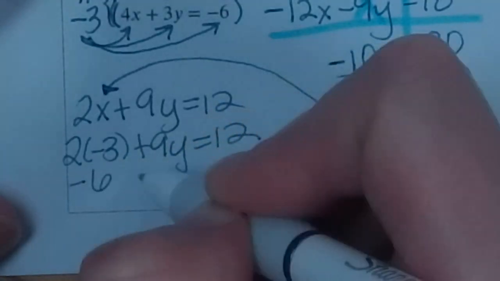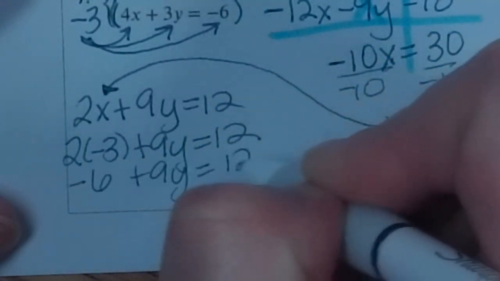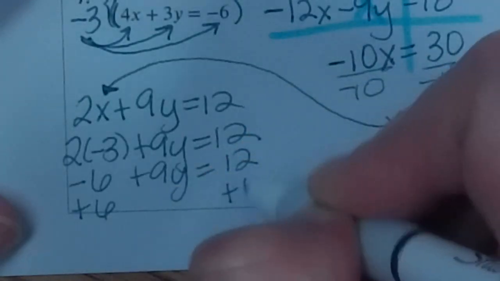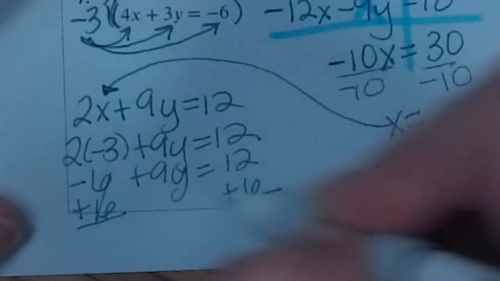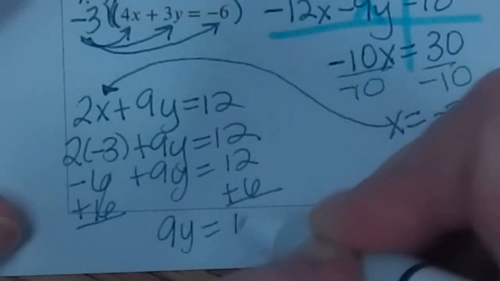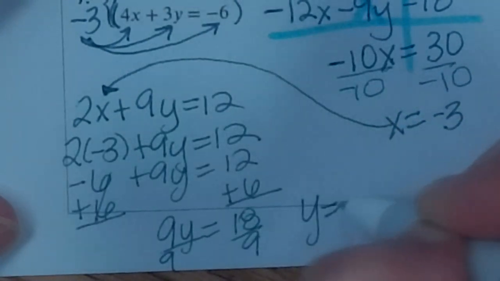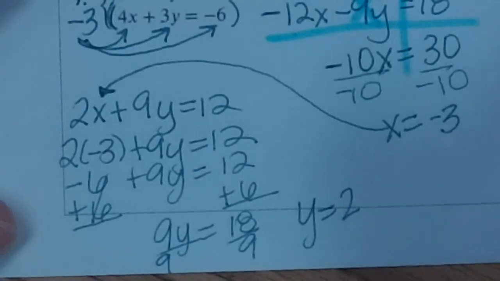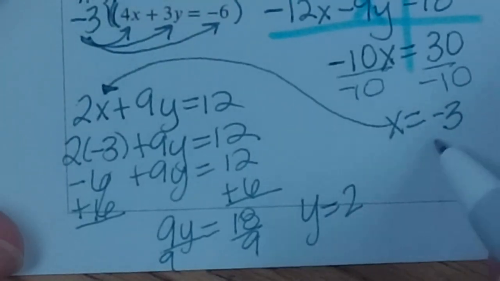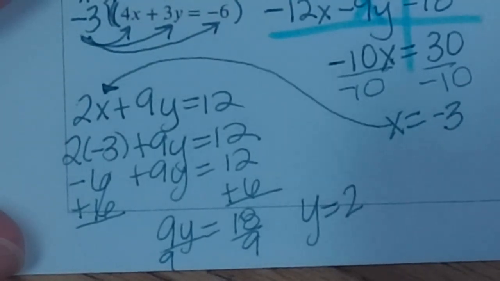So -6 plus 9y equals 12. Add 6 to both sides. 9y is 18. Divide by 9. Y equals 2. So x is -3 and y is 2. And that's that.